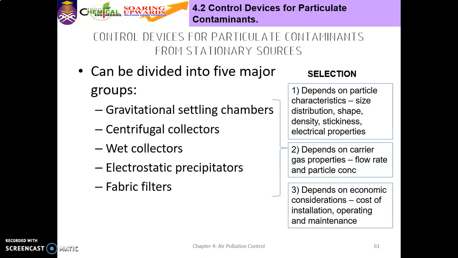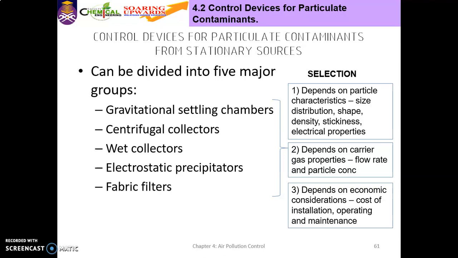So which one to be selected depends on the size distribution, the shape, density, stickiness, and also electrical properties. For example, if the particulate is in sticky form, in liquid form, then a fabric filter is not advisable.